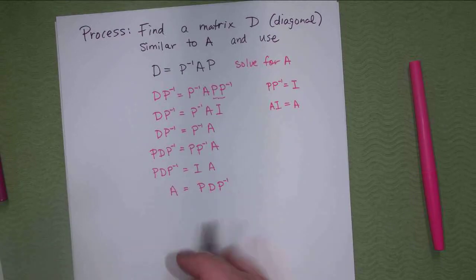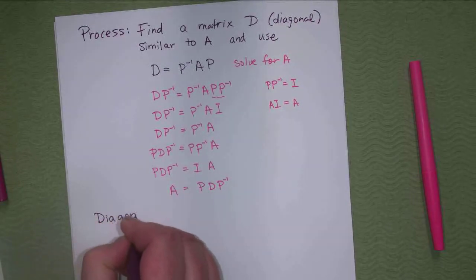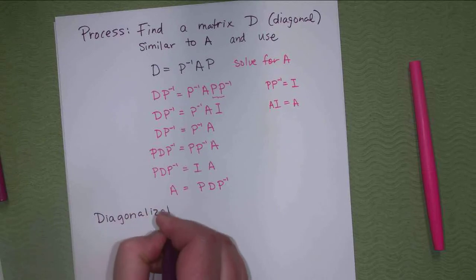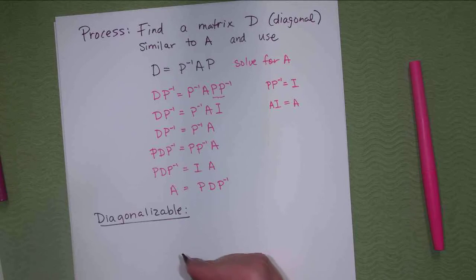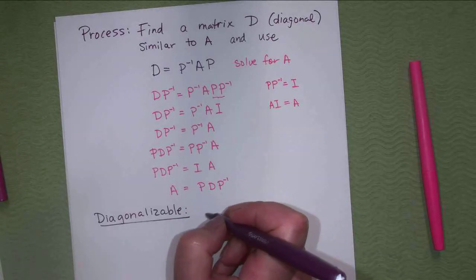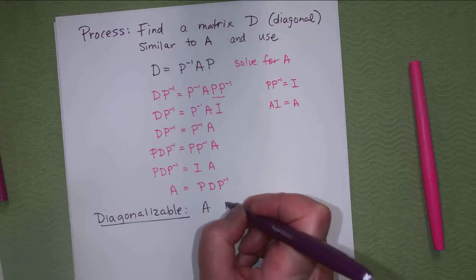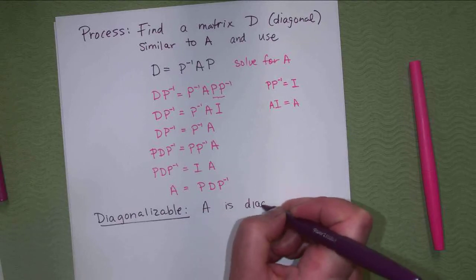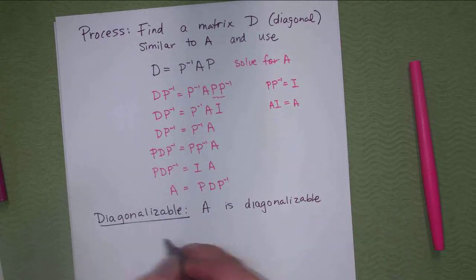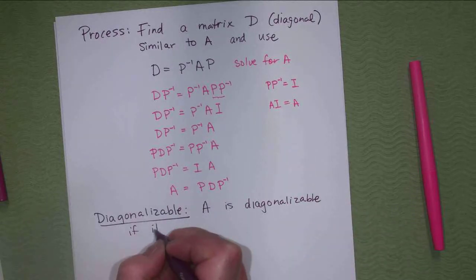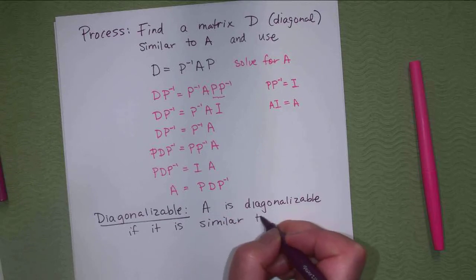So a matrix is said to be diagonalizable, able to be diagonalized, if it is similar to a diagonal matrix.